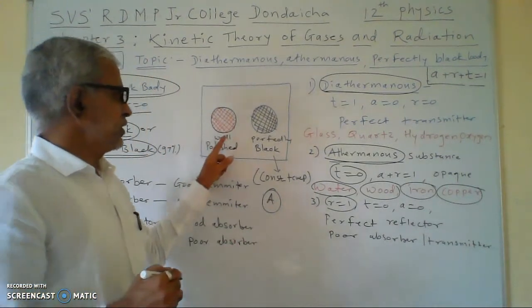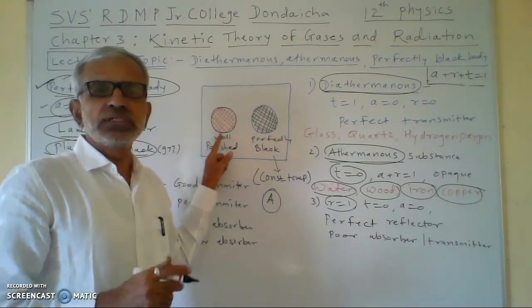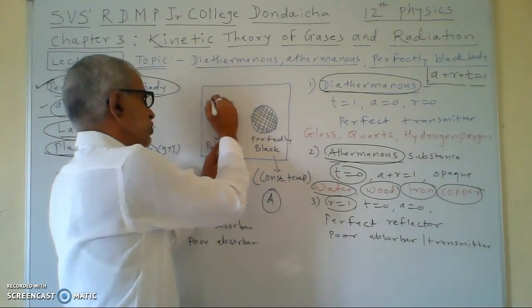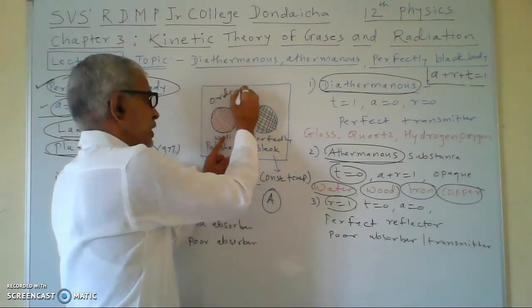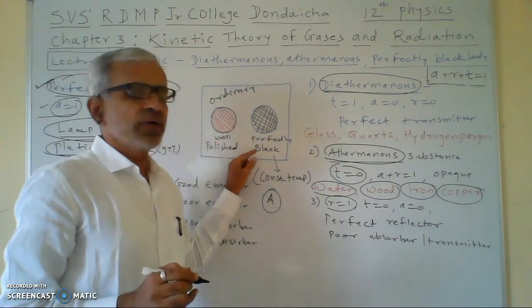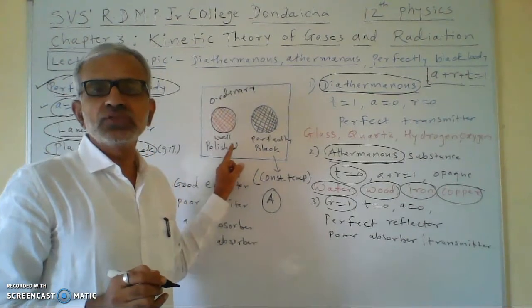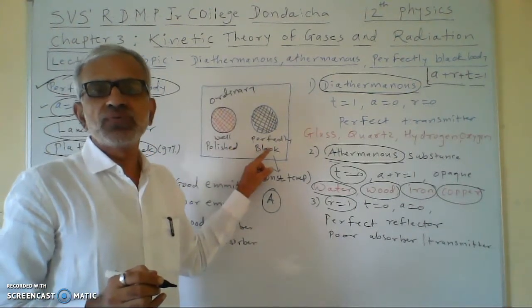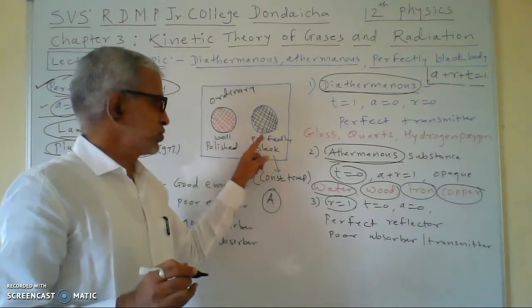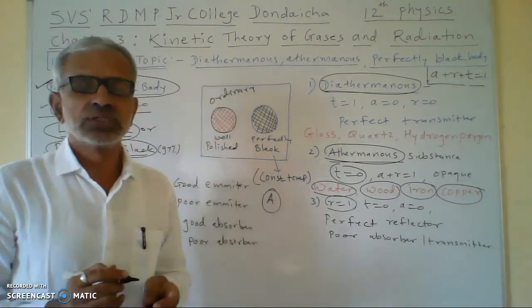One body is a well polished body, an ordinary body, and the second body is a perfectly black body.